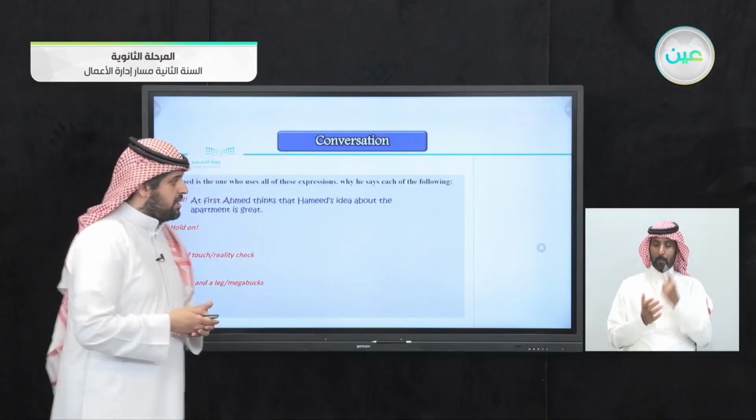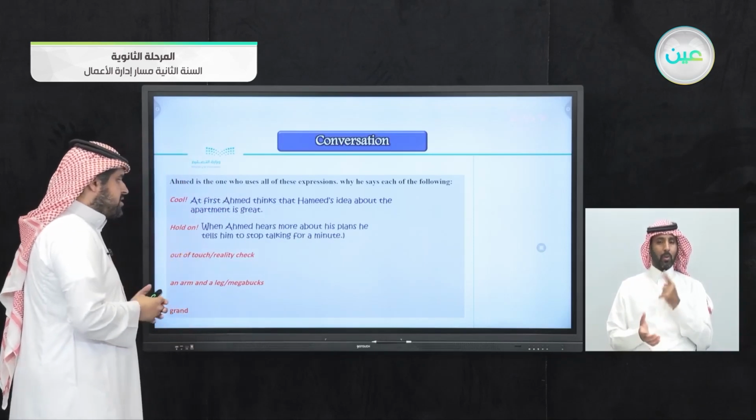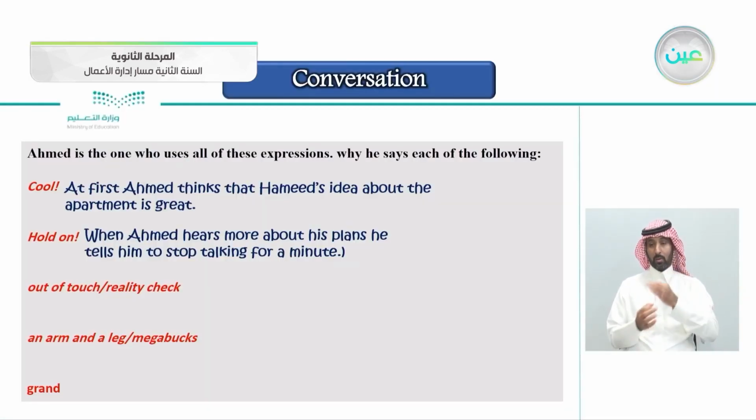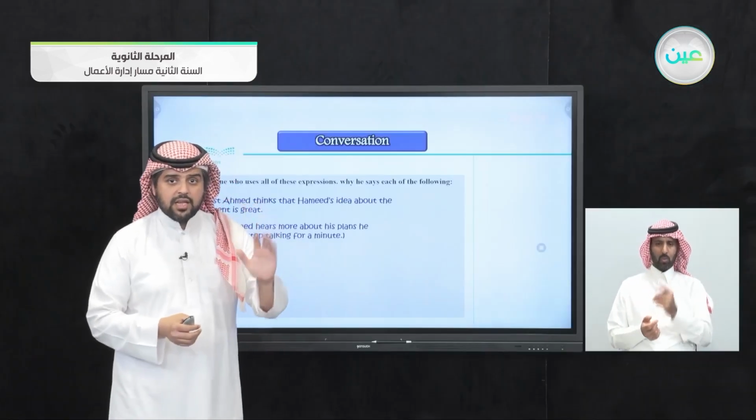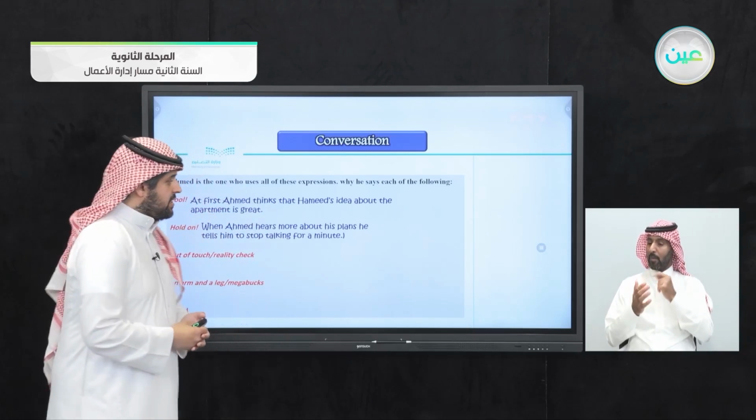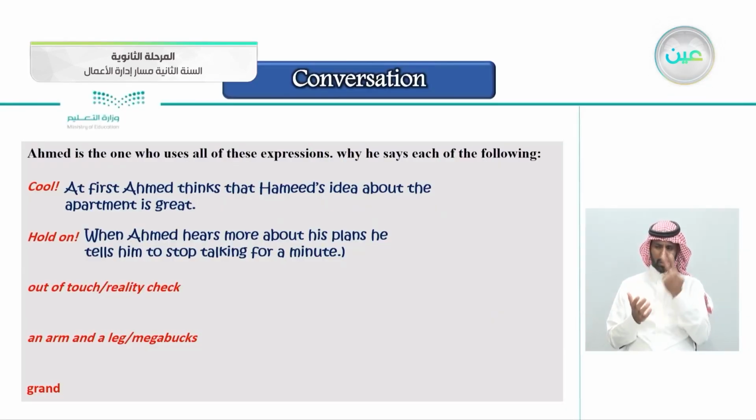When Ahmed hears more about his plans, he tells him to stop talking for a minute, because Hamid thought that large apartments with parking and washing machines would be cheap. He said, hold on, you need a reality check.